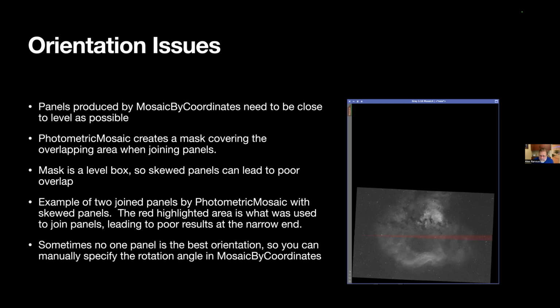Now, I've had a couple mosaics where I could never seem to pick the right panel. No one panel was the optimum rotation that makes the other panels work the best. I don't know quite how to describe this, but sometimes you end up with these askew panels.